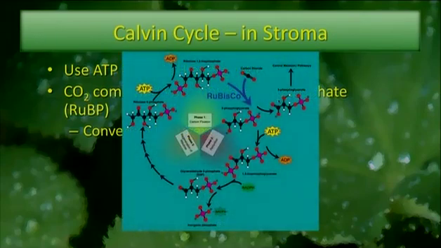So here we have RuBP combined with carbon dioxide to eventually form sugars.